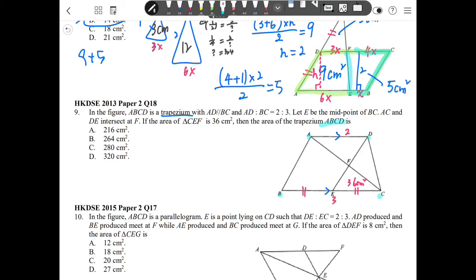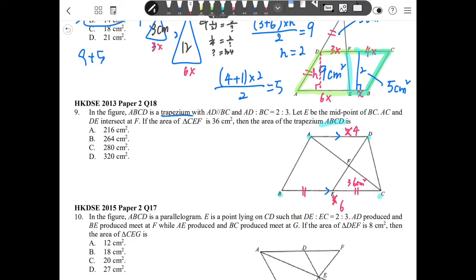Okay, the larger size. In this case, should we keep the 2 and 3 at this ratio? And I would like to have BE equals to EC, right? So should I break it down into 1.5 and 1.5? The answer is, please try to make it larger, become 4 to 6.